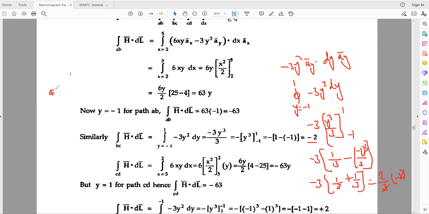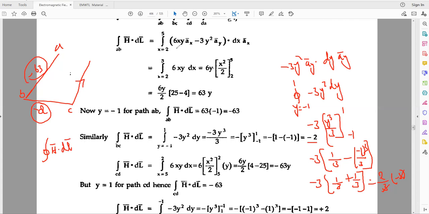So for AB, A to B, we got the value minus 63, and B to C, we got minus 2. Then after that, C to D is in the opposite direction of x. The integral value is h bar dot dl bar.